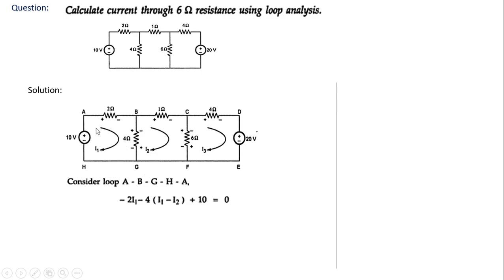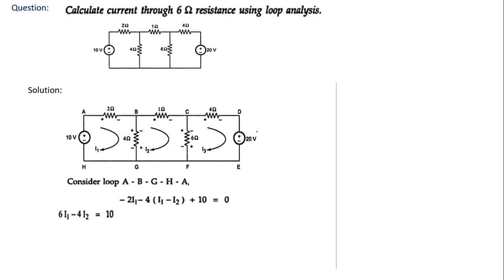Because in the first loop, I1 current is positive, so plus I1, whereas I2 current is opposite to that of I1, so we have written minus I2. And then the 10 volt source is also there in the first loop. Here the leaving end of I1 is the positive polarity of the source, so plus 10 is equal to 0.